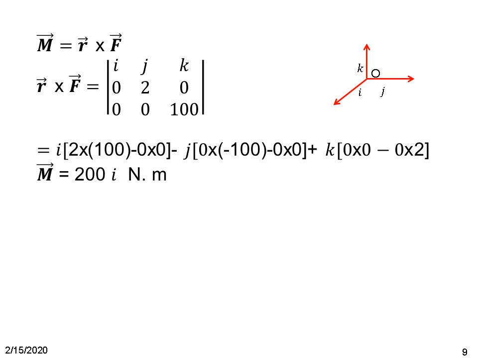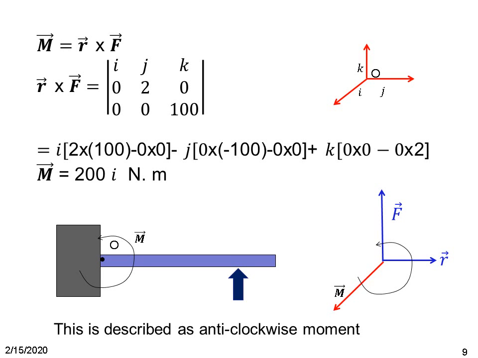Then you get this as 200 I Newton meter. And physically, this is represented as the force acting upward, and the position vector is acting in the J direction. And the moment vector is in the I direction. So this is an anti-clockwise moment. In this case, we can define this as an anti-clockwise moment.